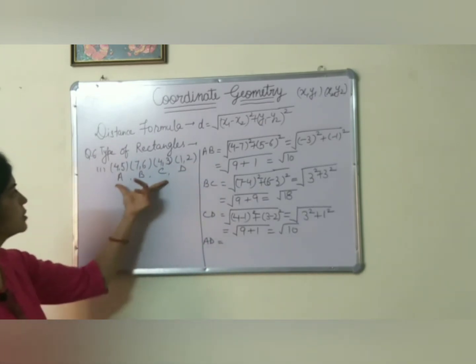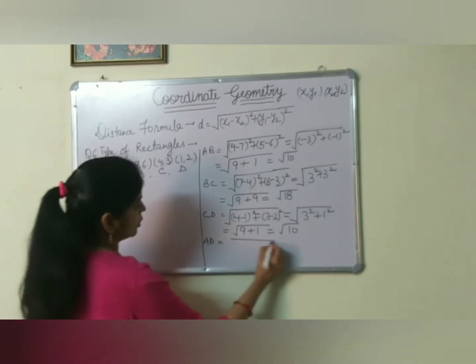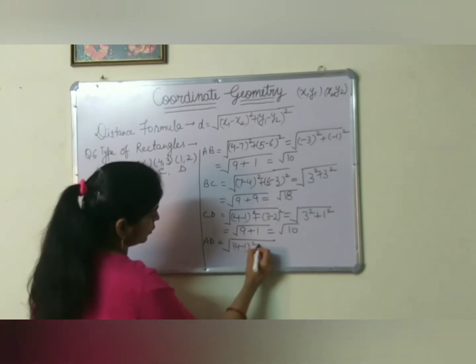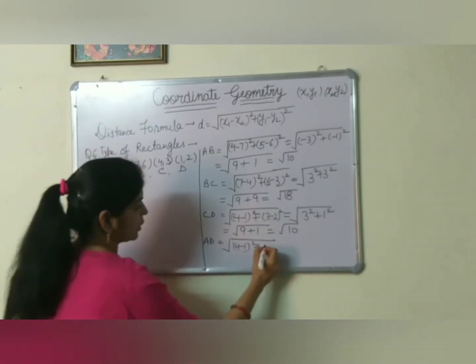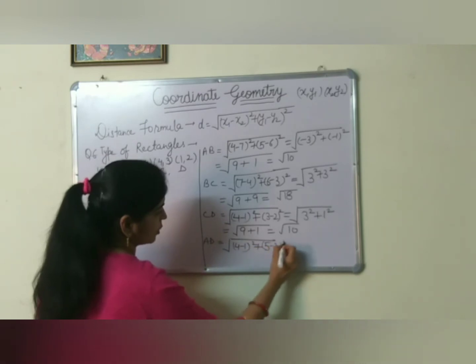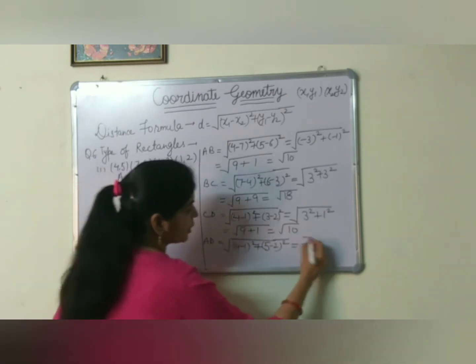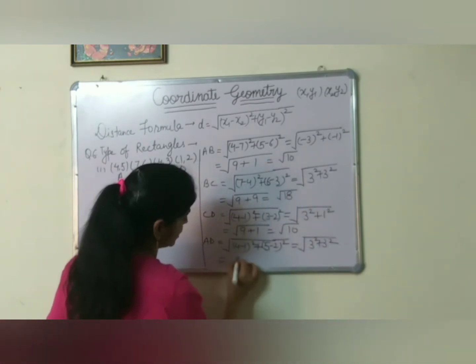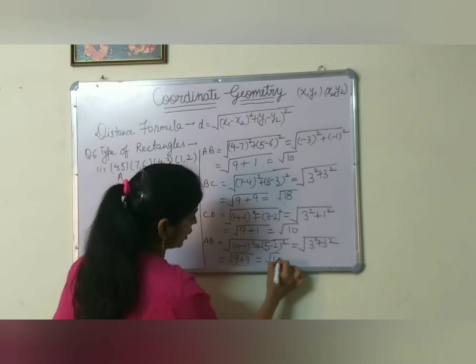And the last side AD is equal to under root of 4 minus 1 whole square plus 5 minus 2 whole square, and it will be equal to 3 square plus 3 square, that is 9 plus 9, equal to under root 18.